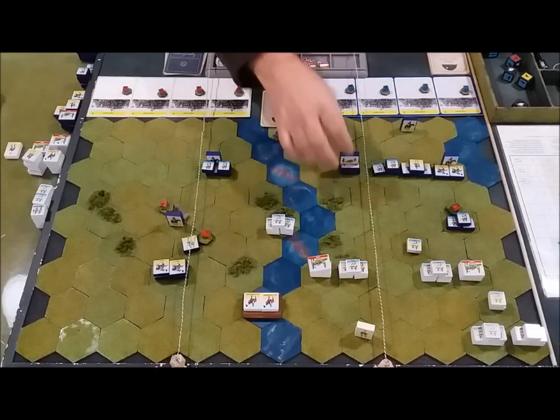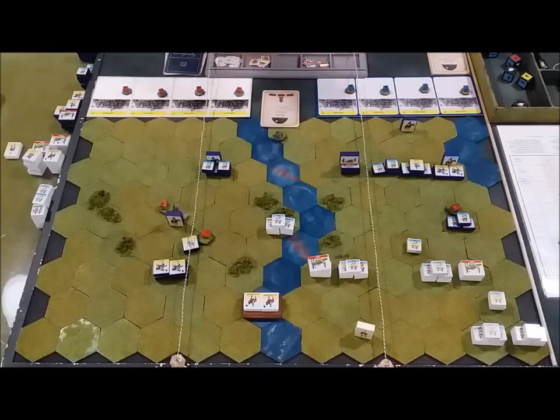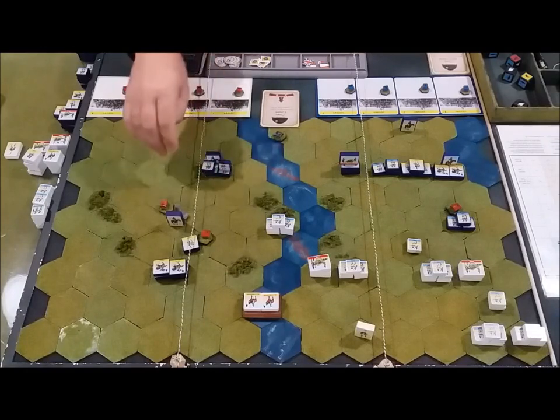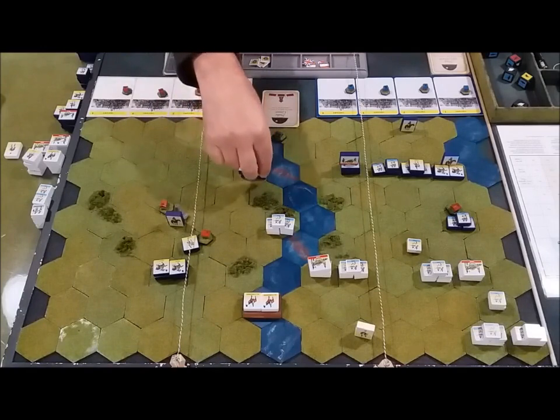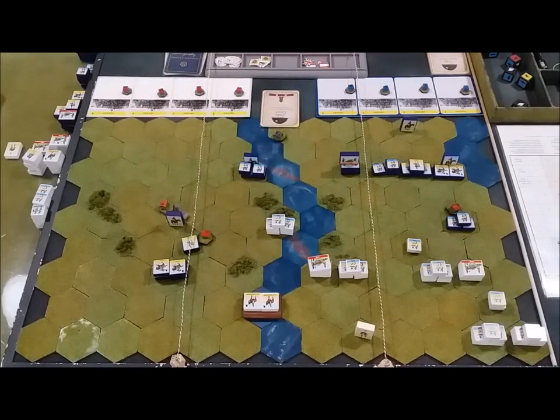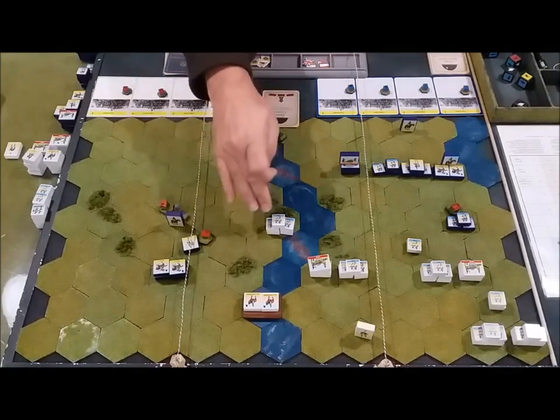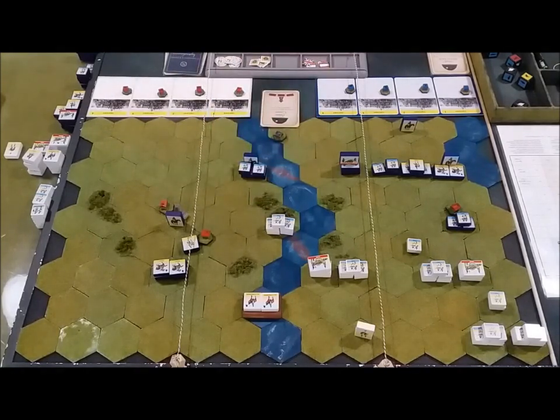So we're going to try and take him out with the foot artillery, and we're going to move our line unit. And the line unit will move over to here. Ready to come in here and do flanking support against him.